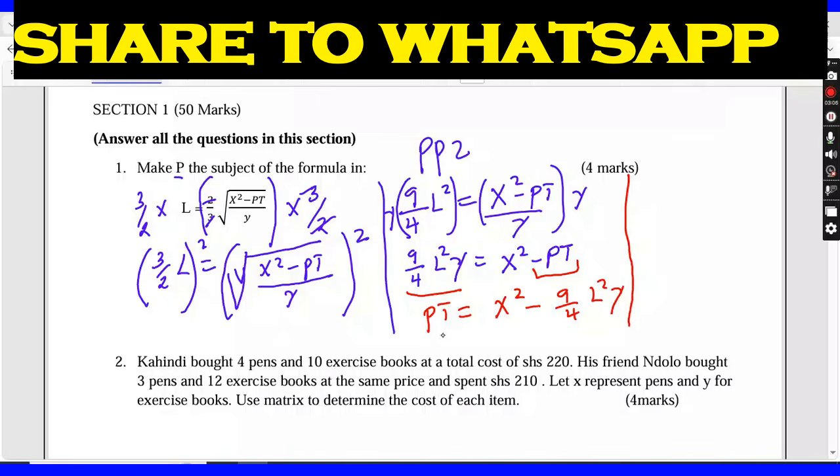Now I want P, so what you do, divide by T. Now you have that P is equal to x squared minus 9 over 4 L squared y divided by T, and you have your value there. As simple as that.